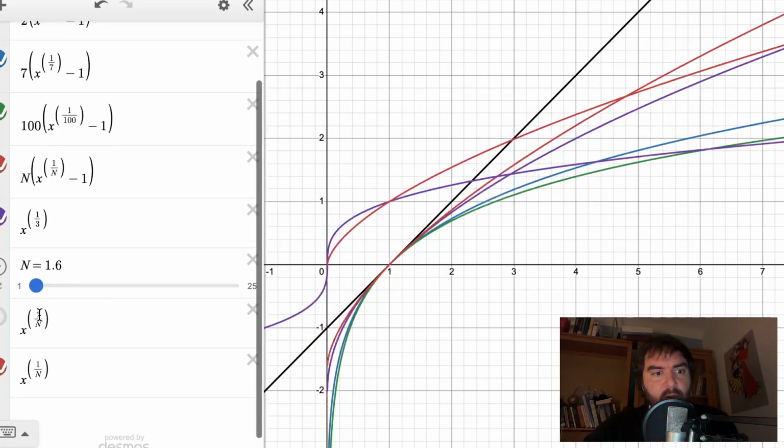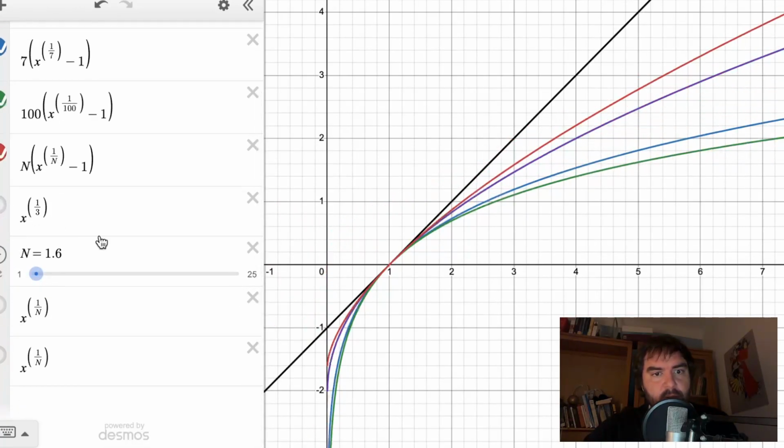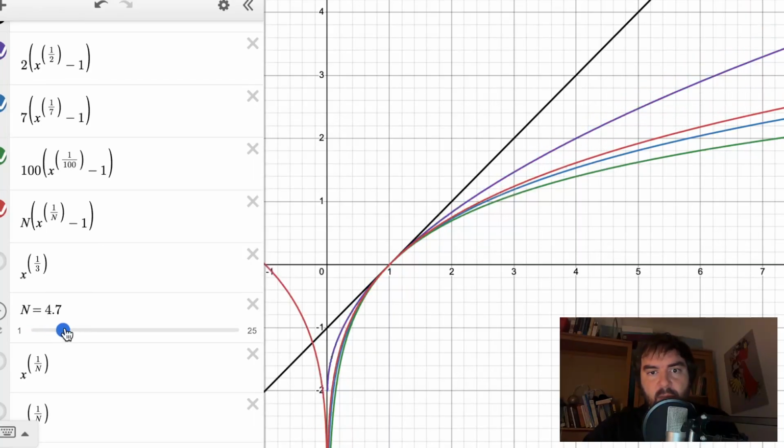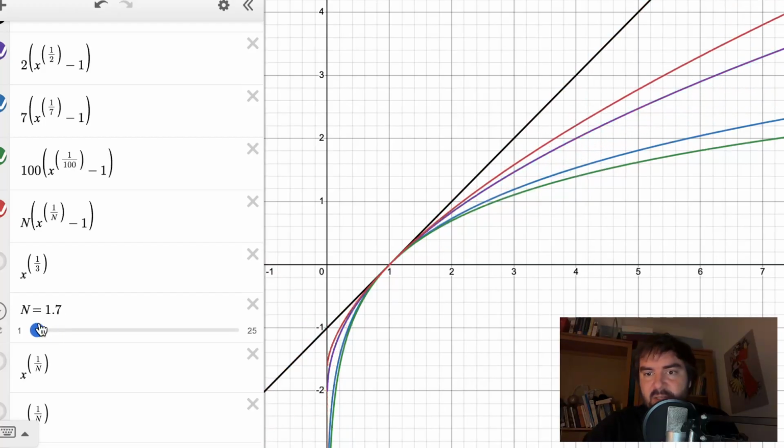And if I disable those, the logarithm for n is this red line now. These are just various shifted roots.